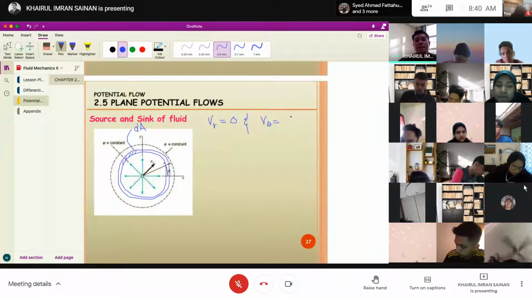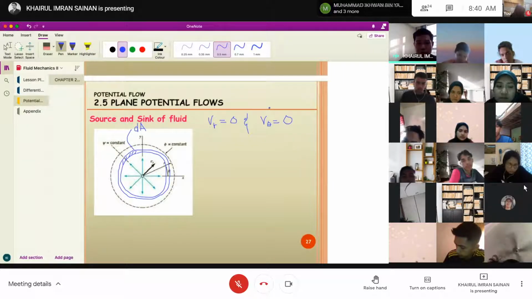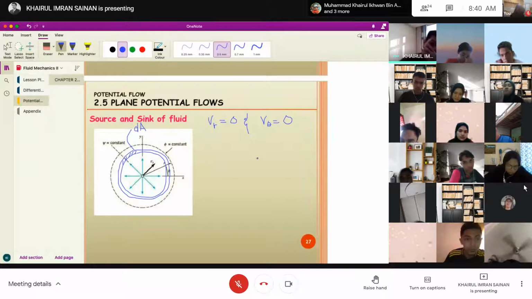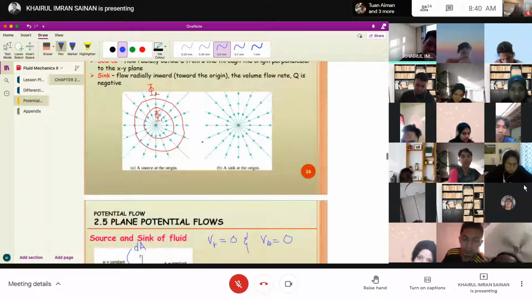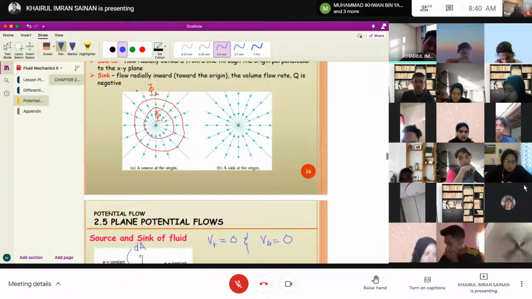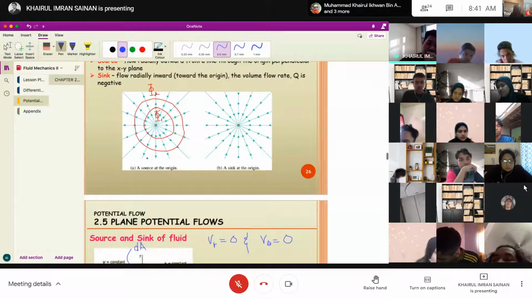Okay, but the thing is, one of them is not equal to 0. So which one is equal to 0? Which one is not equal to 0? This flow, this blue color line, is it VR or V theta?